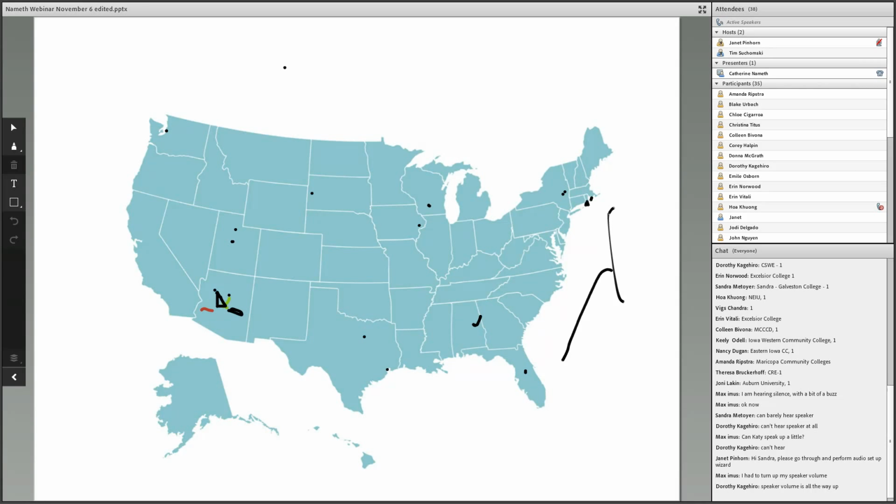Okay, so a lot of people located in the southwestern region, at least one in Canada. Welcome, neighbor Canada, and a lot also in the Midwest and the East Coast. So welcome all of you. It's nice to see you, at least virtually.